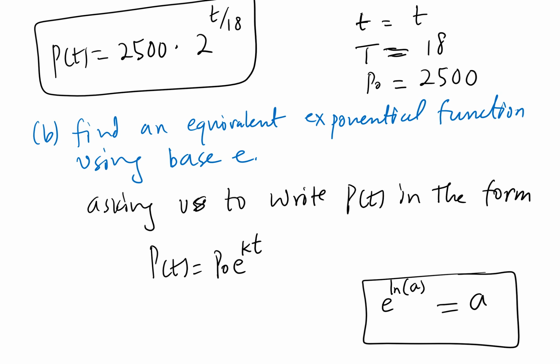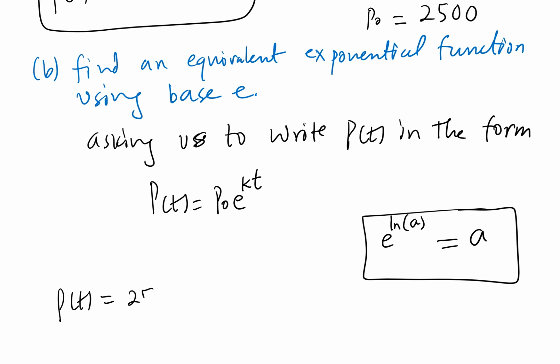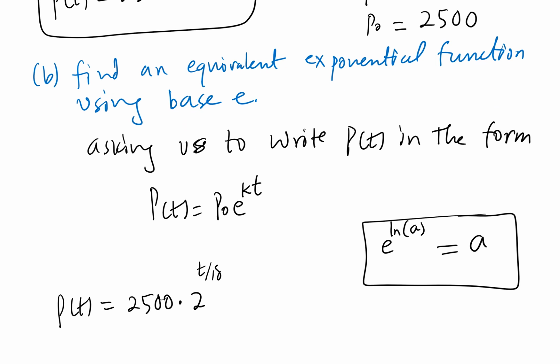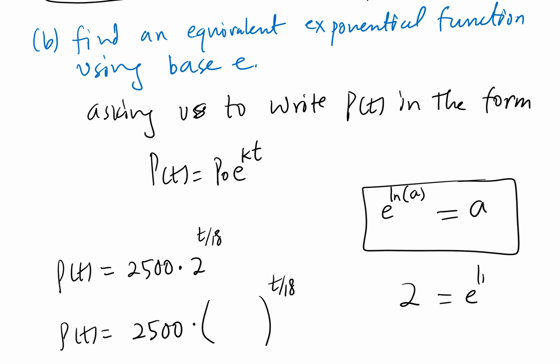Okay, so how do we use this to help us? Let's go back to part A. From part A, we had the equation 2500 times 2 to the t over 18. What I'm going to do here is keep t over 18 the same. I can take the number 2 and write it as e to the natural log of 2, based on the formula right above it.